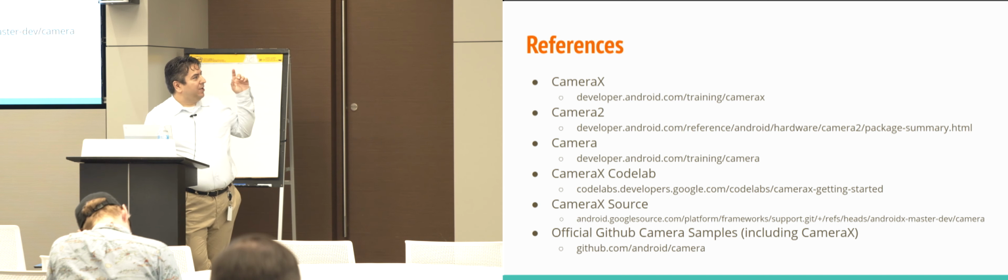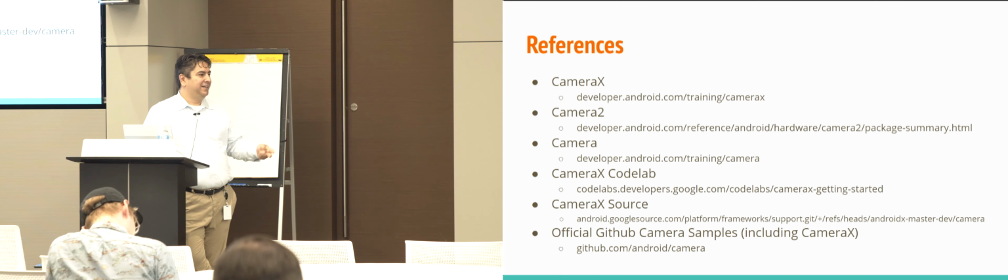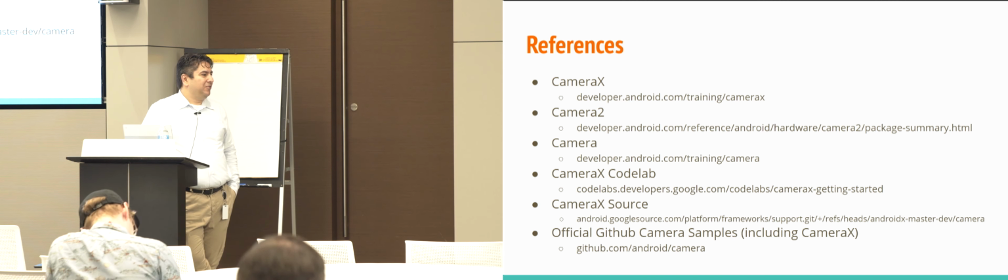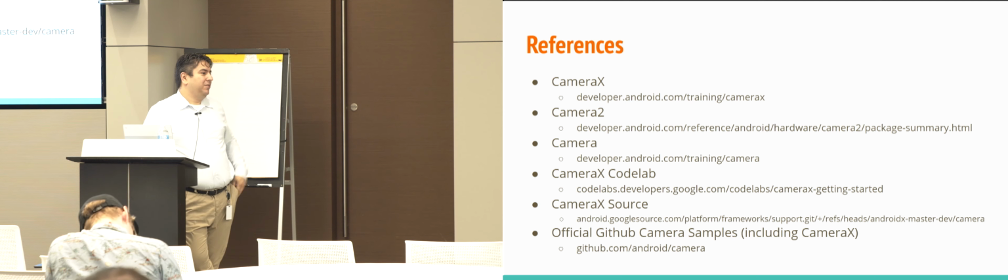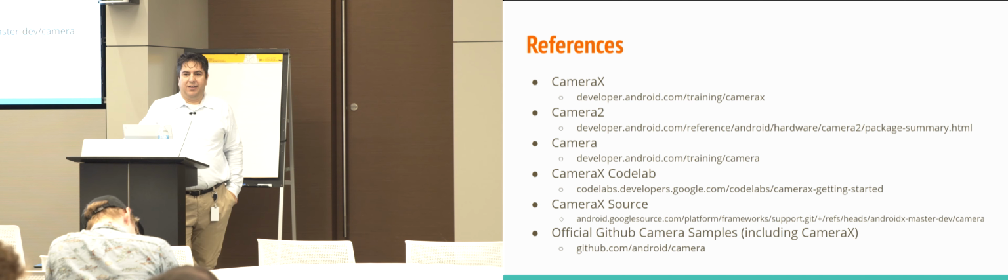And again, I believe the CameraX documentation as well as the Camera 2 documentation both have the same transform code with some slight variance on variables and whether or not you use the device orientation or the default display or the display of the control that the widget is on. Thank you.